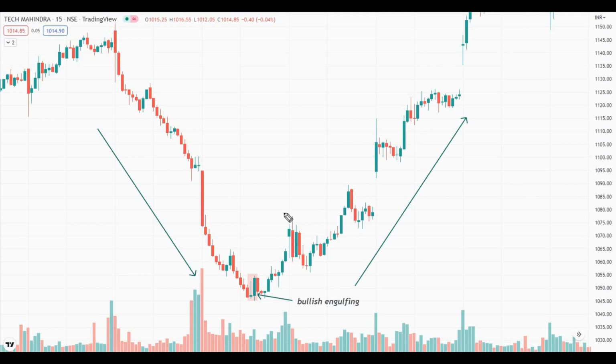So where would have been your entry? Your entry would have been around here with stop loss just below this swing low, and see the huge upside momentum after that. Okay, so now let's look at another example.